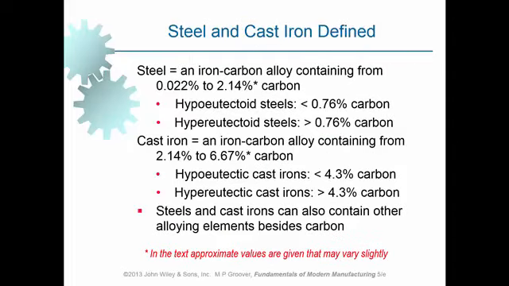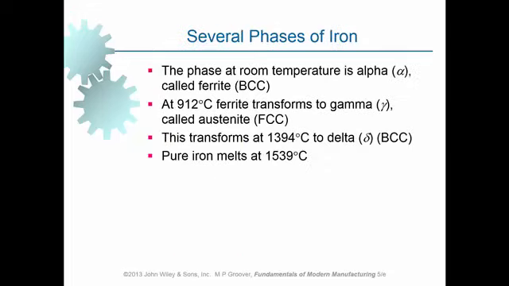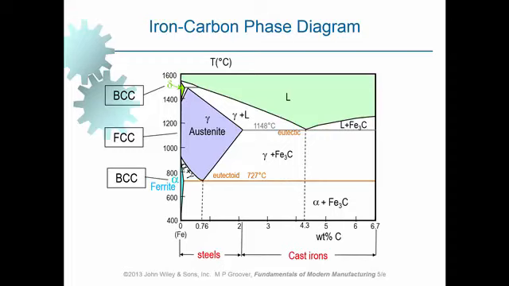Okay, hypoeutectoid steel and hypereutectoid steel. What is meant by this? Again, back to the phase diagram. If we are having a steel within this region with the carbon content starting from here going all the way to 0.76, it is referred to as a hypoeutectoid steel.